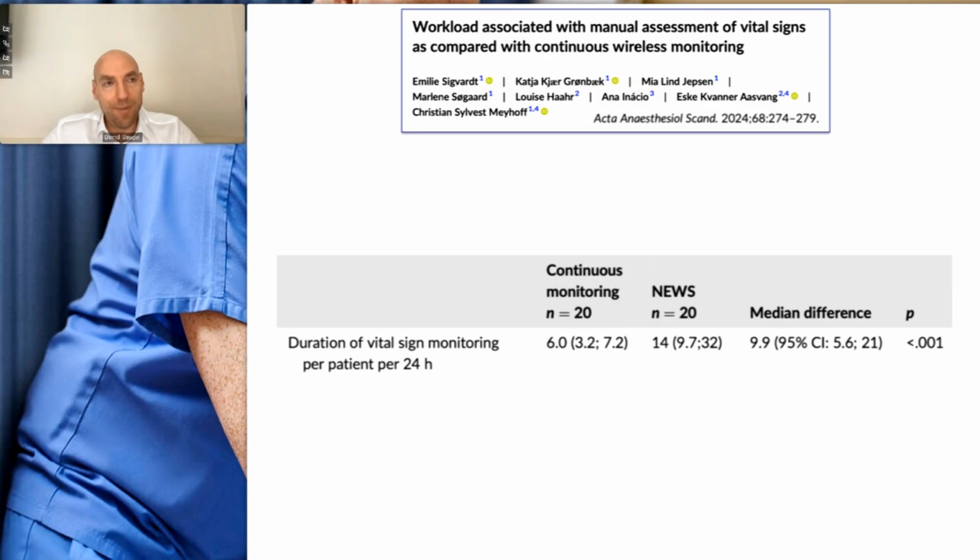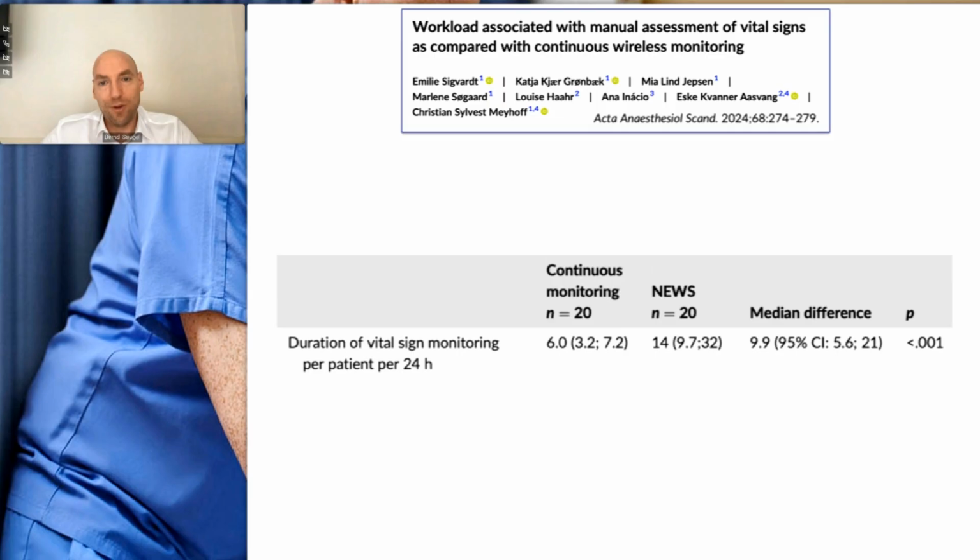Nurses are sometimes afraid that continuous monitoring on normal wards may increase their workload because there are more alarms and more things they need to react to. But I would argue that if a continuous monitoring system is attached, this should decrease the workload of nurses because, first of all, they can focus on those patients who actually require attention and do not need to waste time to spot check patients who are completely stable.